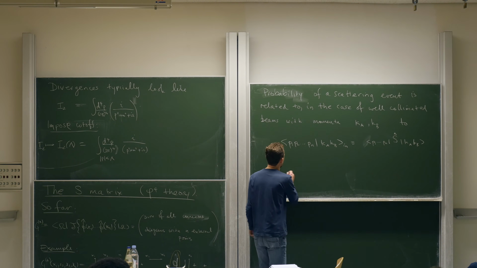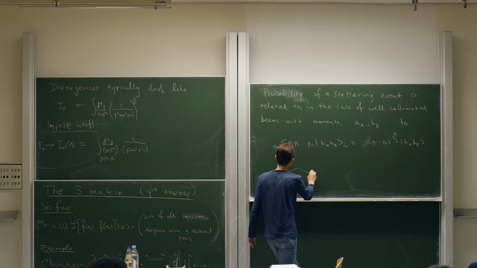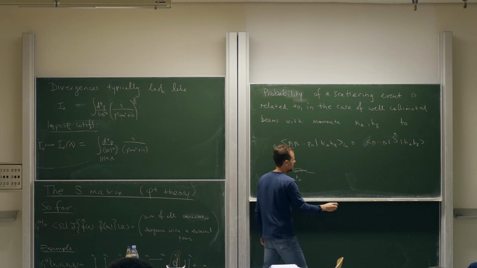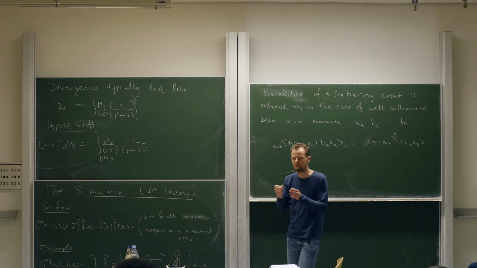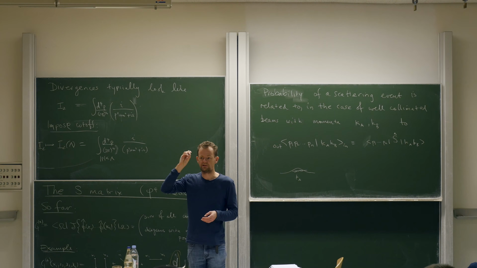What we learned is that in the typical scattering experiment, you have a bunch of particles in some well-collimated beam, confined to a thin cylinder at some specific momenta ka.